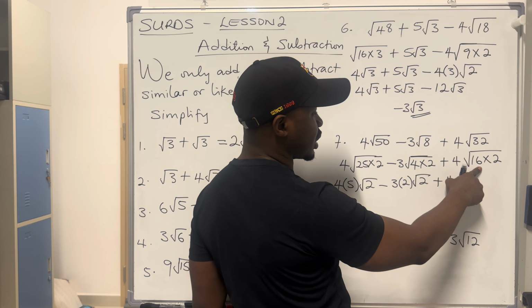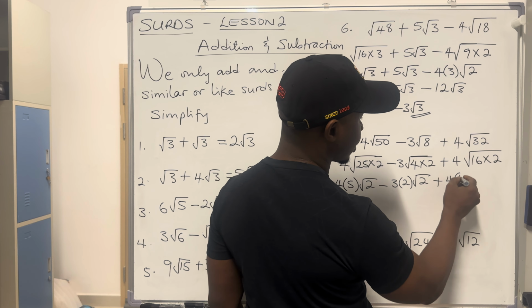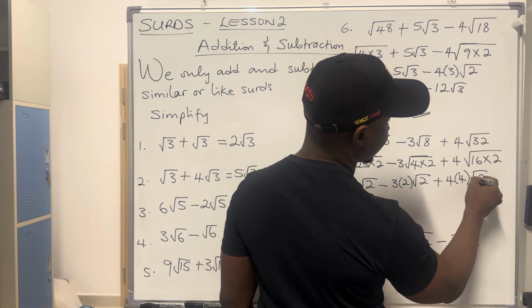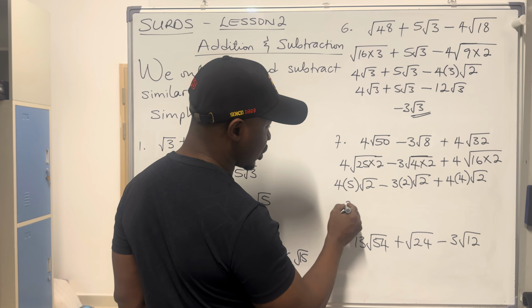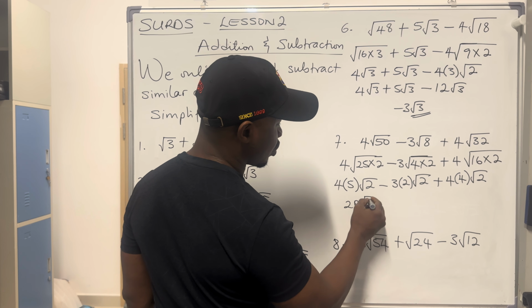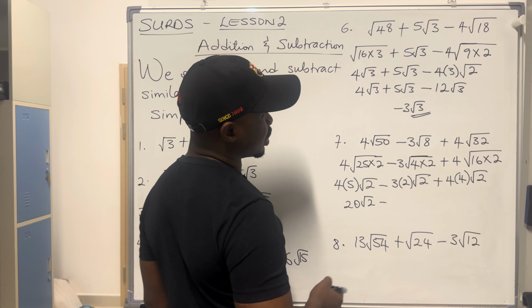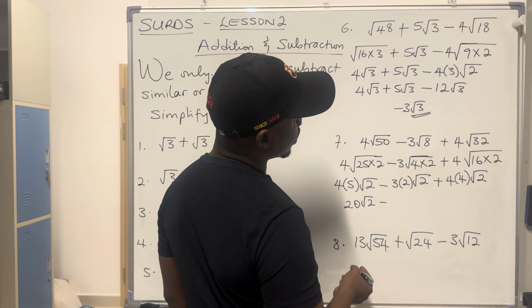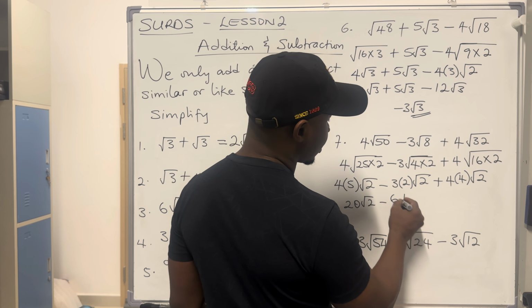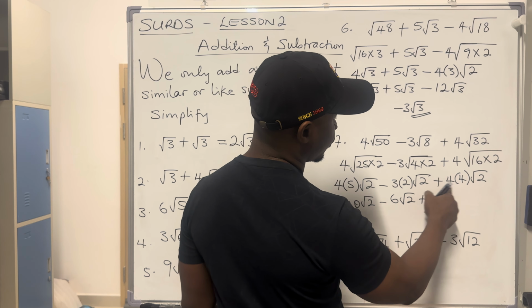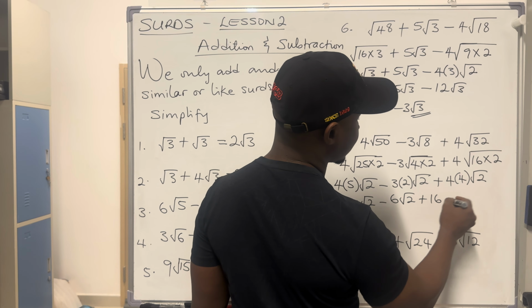Square root of 16 is 4, and that 4 comes out. I hope it is clear. So 4 times 5 is 20 root 2. 3 times 2 is 6 root 2. 4 times 4 is 16 root 2.